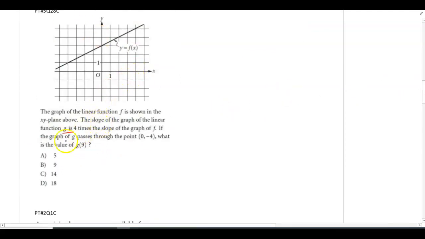So the next example, the graph of the linear function f, right? So right away you have to know that this is linear function f of x, okay, is shown in the xy plane above. The slope of the graph of the linear function g, right? So our new function g is 4 times the slope of the graph of f. So we know the slope of f is something.